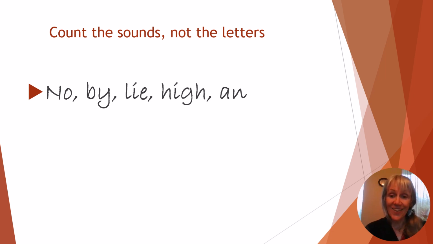We move on to lie. Lie, again, two phonemes. We hear the L, which is represented by the letter L, a one consonant vowel. Then we have IE in the middle of the word part. IE is I. It represents the I phoneme. So IE is in one box. Then we move on to high.